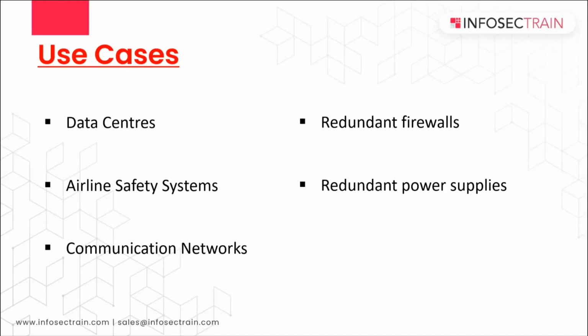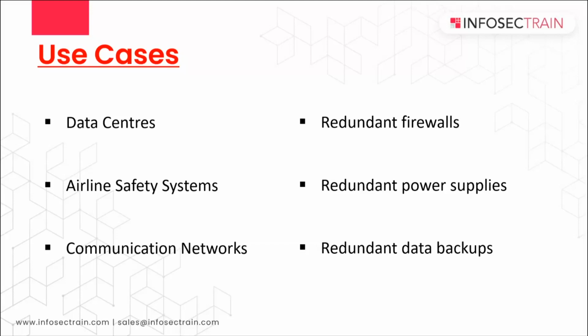What about next? Redundant data backups. In data security, data backups are essential to protect against data loss due to hardware failure, human error, or any kind of cyber attack. By implementing redundant data backups in multiple locations or using different backup technologies, it is possible to increase the availability and reliability of the backups.